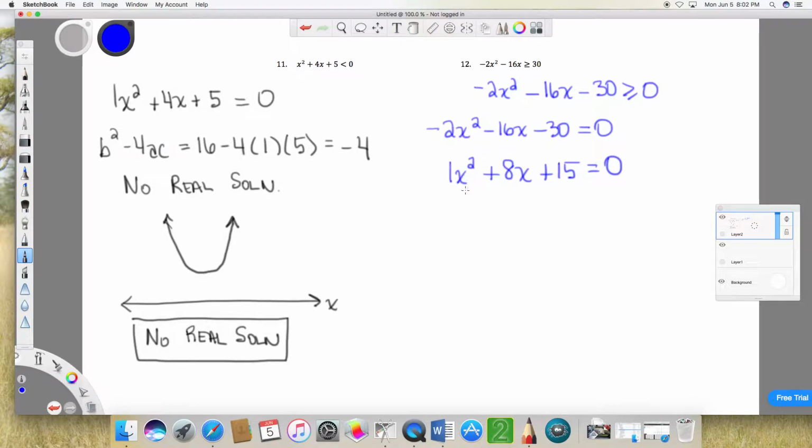So with a leading coefficient of 1, that makes this pretty easy to factor. X plus 5 times x plus 3 will do the trick because 5 times 3 is 15, but 5 plus 3 is 8. So that gives us critical points of negative 5 and negative 3.